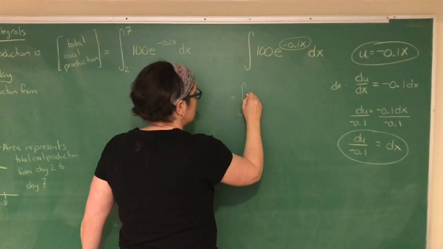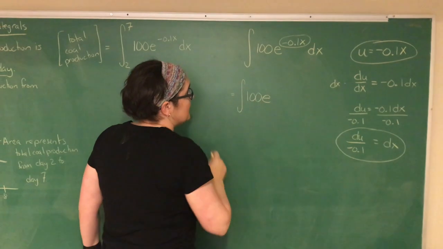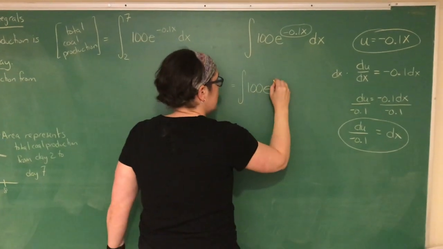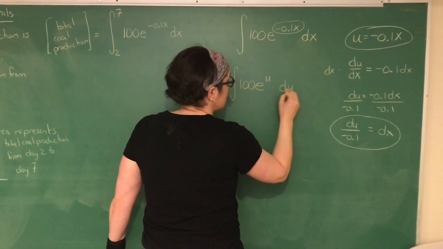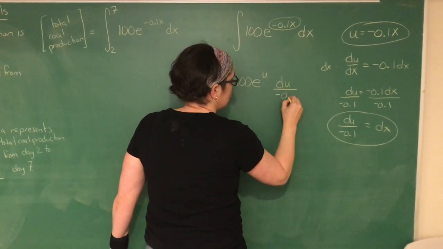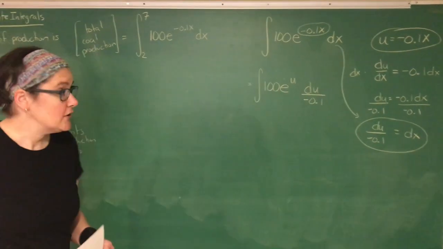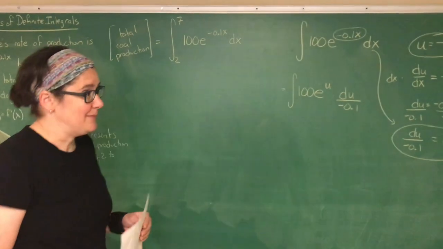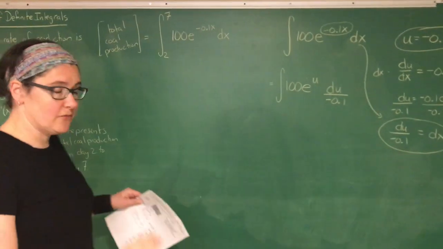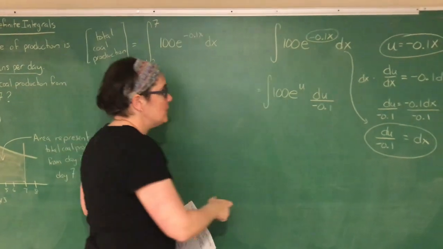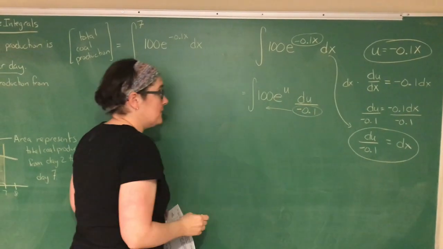So I have the integral of 100 e, I replace the negative 0.1x with u, so I have e to the u, and I replace dx with du over negative 0.1. All right, so now that I've made the substitutions, I ask myself, are there any x's that I need to cancel? In this case, the answer is no. I've gotten rid of all of the x's, but I do want to clean up by moving this negative 0.1 to the front.